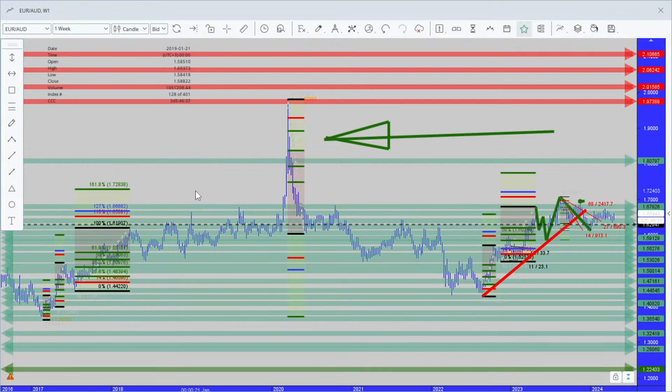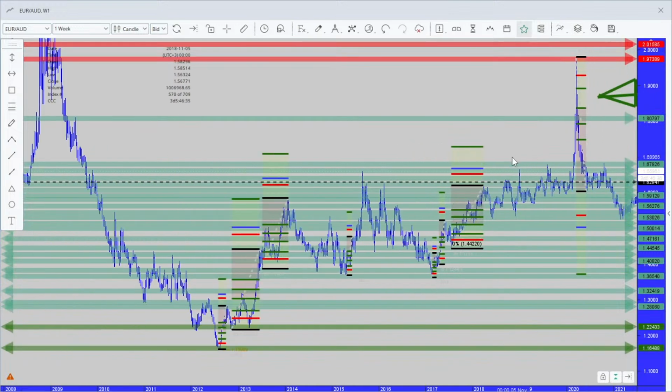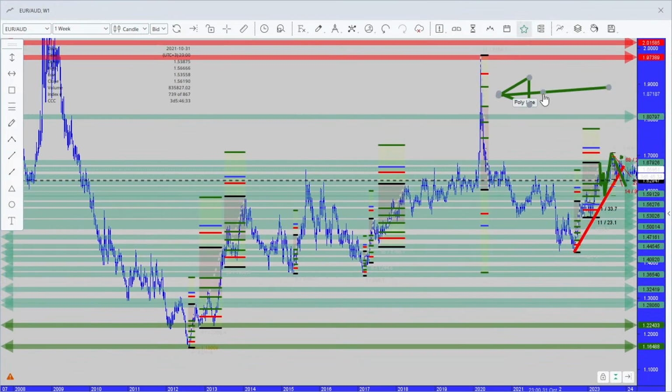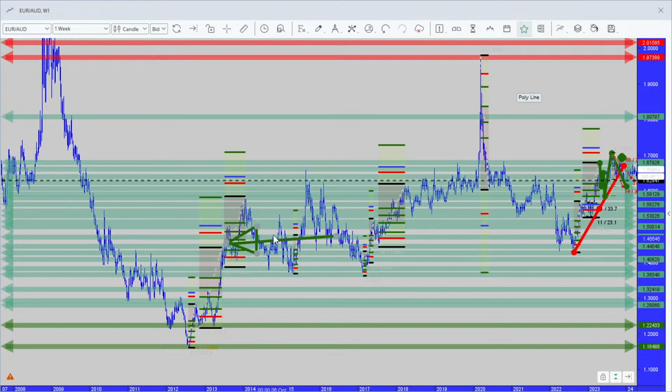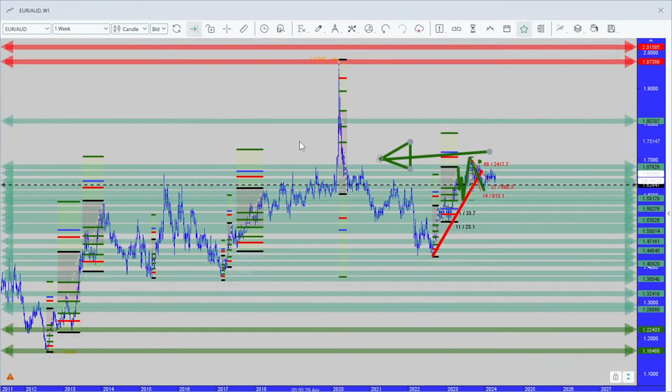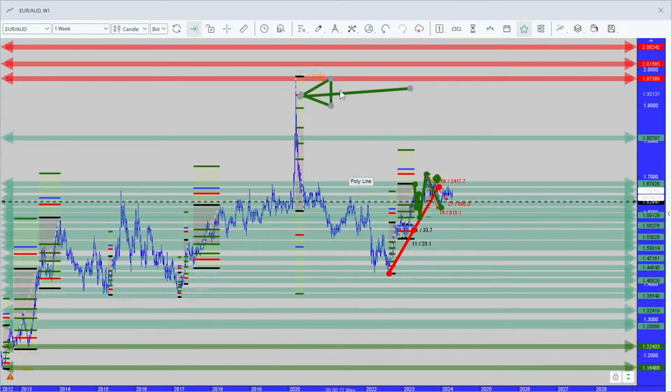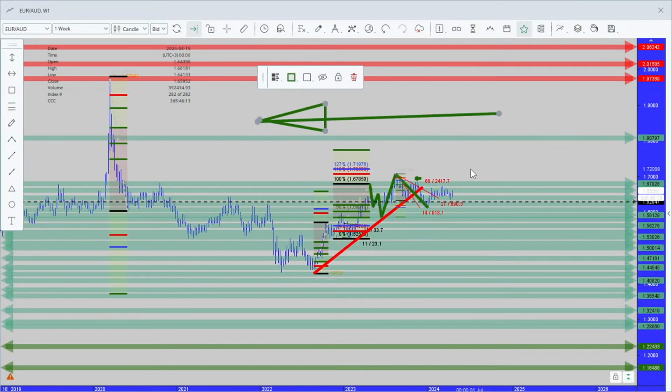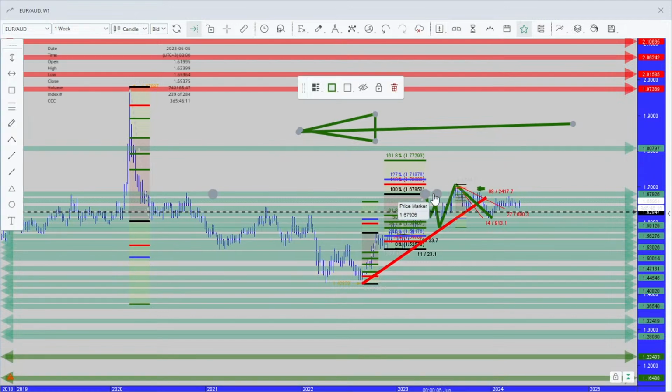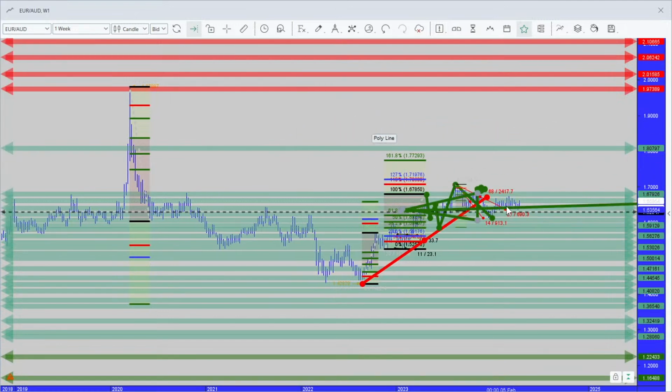From the past, the market was making higher highs, higher lows on the weekly. Starting from here, higher highs, higher lows, I mean up Fibonacci sequence, and then the market broke. So we have a down Fibonacci, right? Now talking about the down Fibonacci, which is the original one, is the market in an extension or in a retracement?